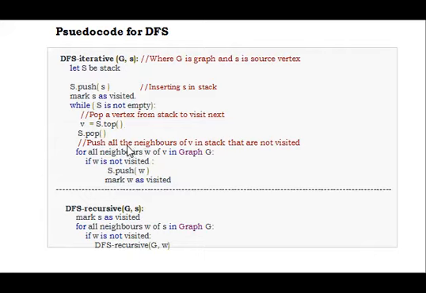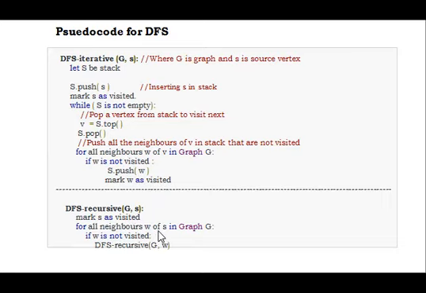Push all the neighbors of V in the stack that are not visited; they will automatically pop up. If the adjacent vertices are visited, they will be pushed into the stack. Recursively, mark as visited all neighbors of the vertices in the adjacency list.